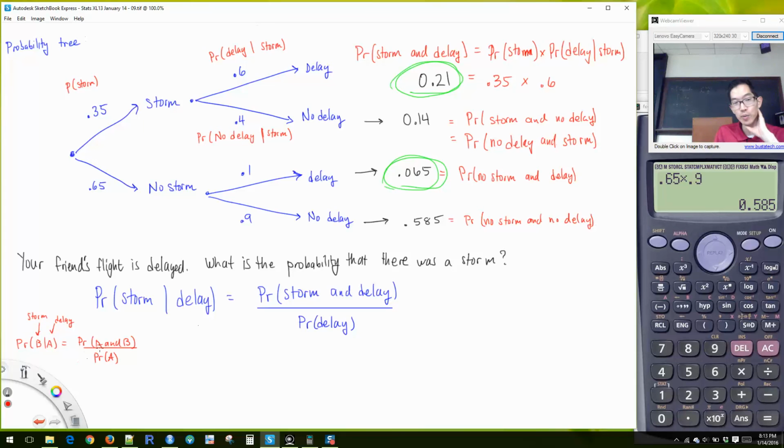We're just filling in where we see storm and delay, and delay goes on the bottom here. So is this okay, going from here to here?